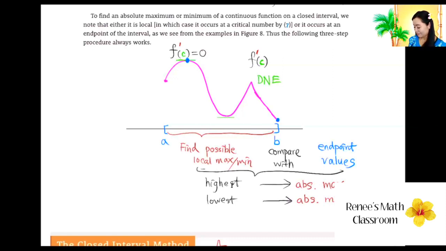Then you go out to a bigger area, like the whole city, and you want to compare that with these two endpoints. Whichever is the highest is the absolute max, and whichever is the lowest is the absolute min. So you find the potential local max and min inside the interval, and then compare with the endpoint values to find the absolute max and absolute min.